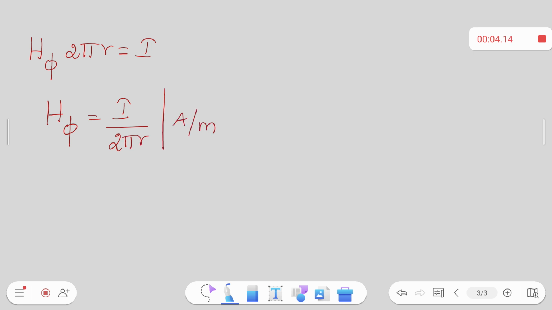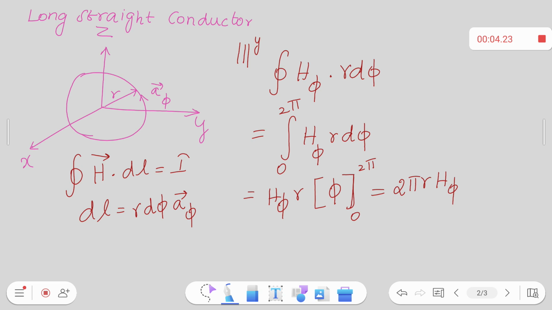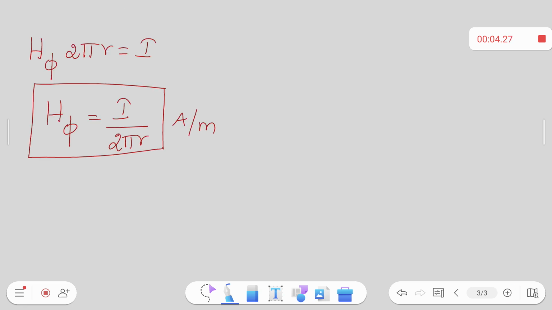So the unit of magnetic field intensity is ampere per meter. The magnetic field intensity of a long straight conductor along the phi direction in a cylindrical coordinate system is calculated by H phi is equal to I divided by 2 pi r, where r is the distance from the conductor.